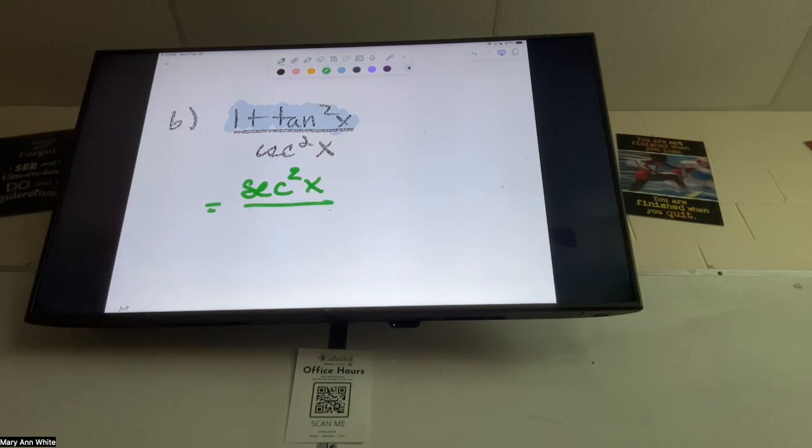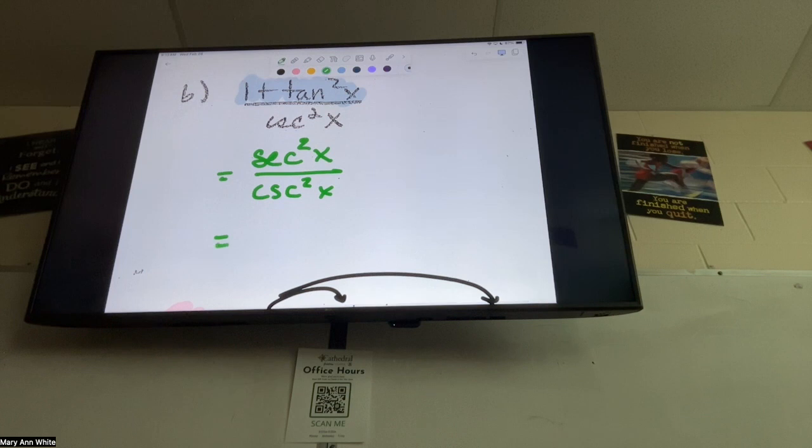Now, I know cosecant squared is also on there as 1 plus cotangent squared. I don't want to expand that out. I want to keep it down as 1. So we're going to keep cosecant squared the same, because now I'm going to make you put it in terms of sine and cosine. What is secant squared in terms of sine or cosine?